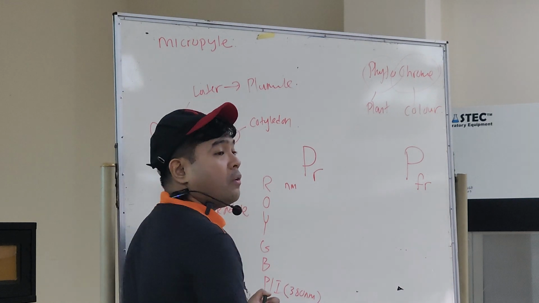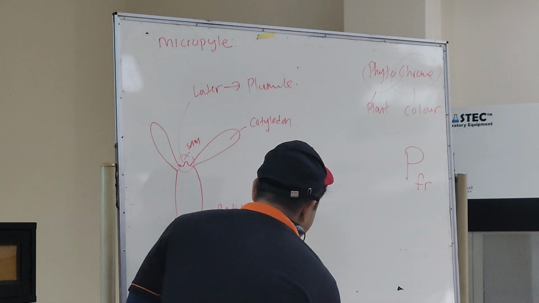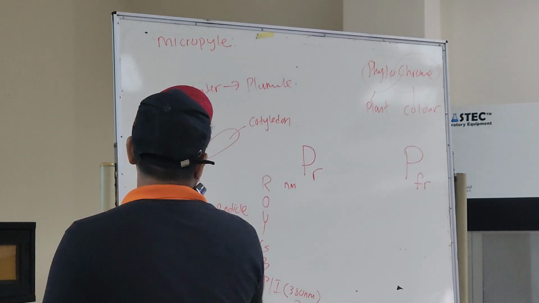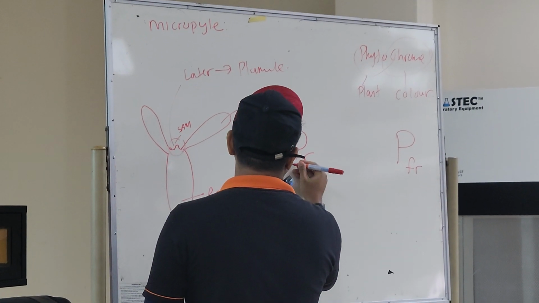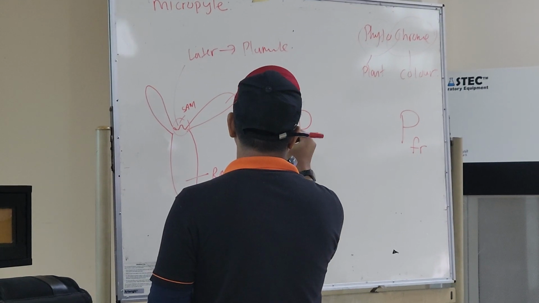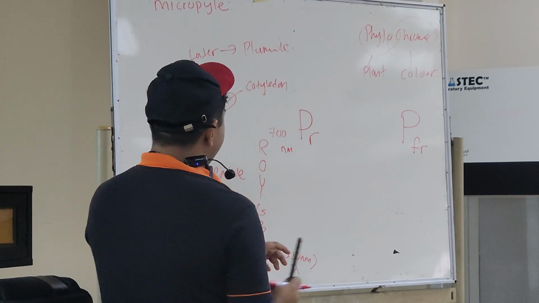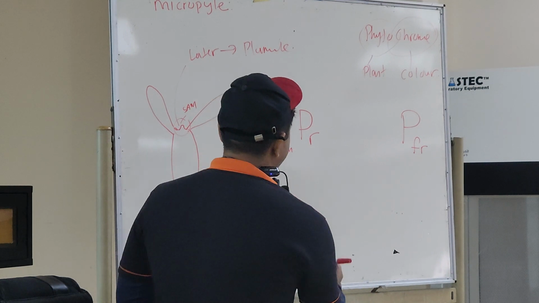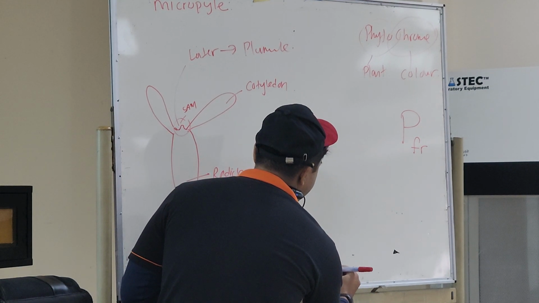Nanometer is referring to the wavelength, or lambda. And then all the way to red here, you can get up to 700 nanometer. So from 380, or for simplicity, I'll just put 400 nanometer.